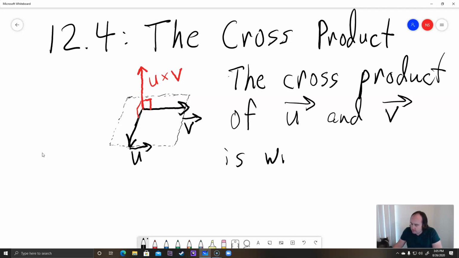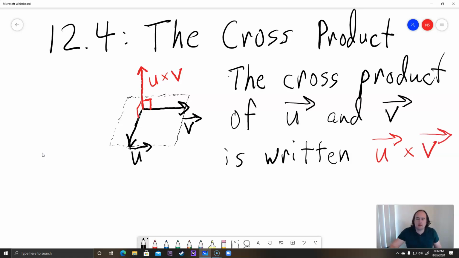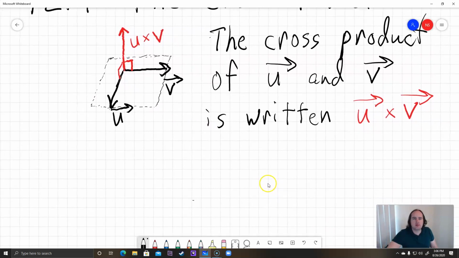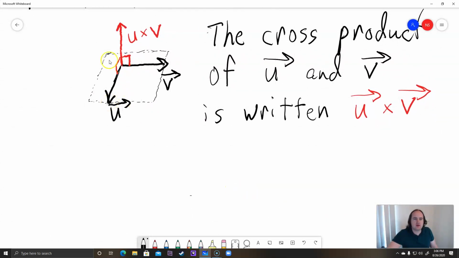is written u cross v, okay, and it's perpendicular to the plane formed by u and v. So that's this horizontal plane here formed by u and v.